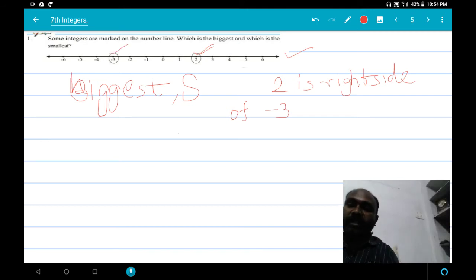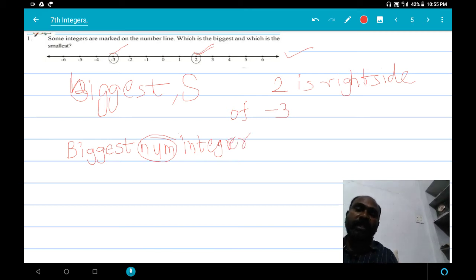So we write here, biggest number or biggest integer from number line is 2, because the 2 is right side of -3.